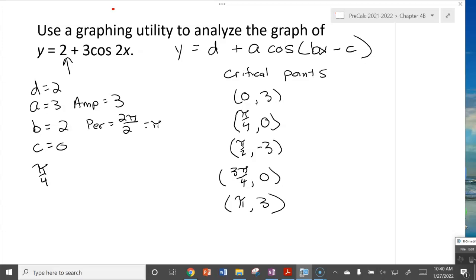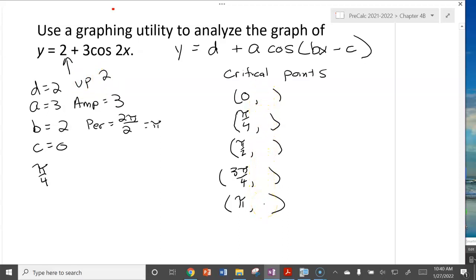So now what we're going to do, you notice how we've started with critical points, but do you see a problem? The problem is we did amplitude, but we didn't take into account our shift up by 2. So therefore, what I need to do is add 2 to each of my y values.